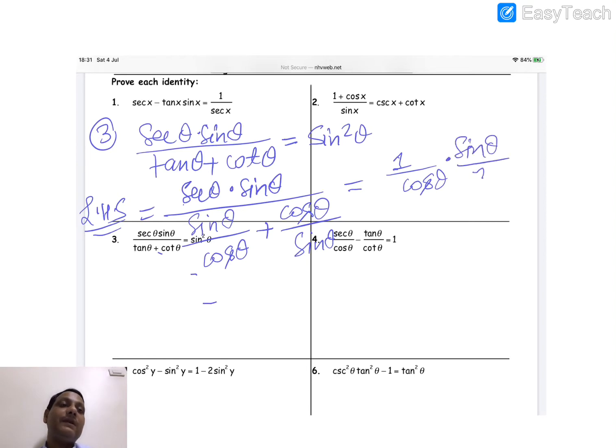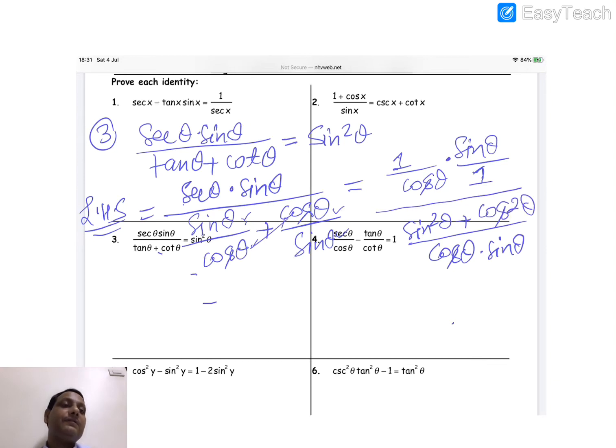In the denominator we multiply by sin and cos to make the denominator the same, or you can take the LCM, the butterfly method, cos theta into sin theta. So sin into sin is sin square theta plus cos into cos is cos square theta.